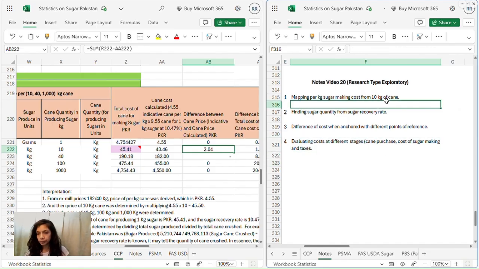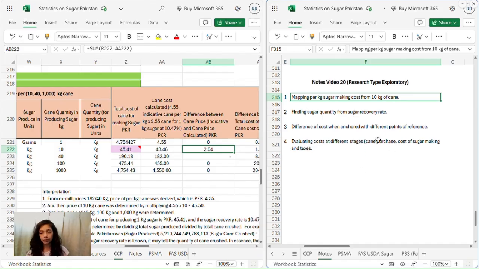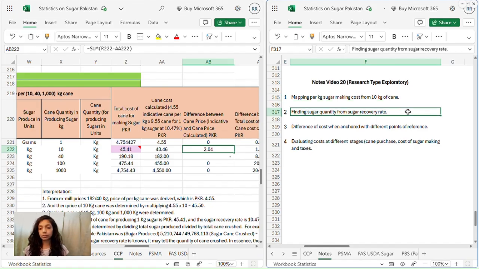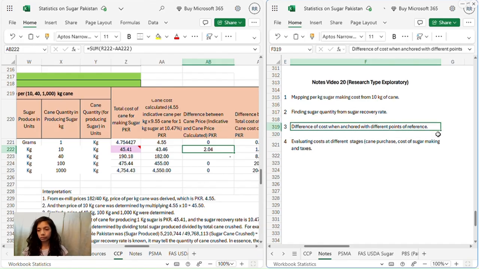So let's just look at the video notes here. We have covered mapping per kg sugar making cost from 10 kg of cane, finding sugar quantity from sugar recovery rate, and the difference of cost when incurred with different points of reference. So there are cost differences when we try to anchor it from different points.